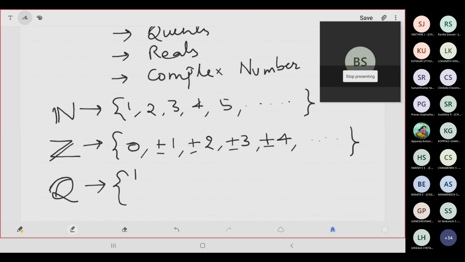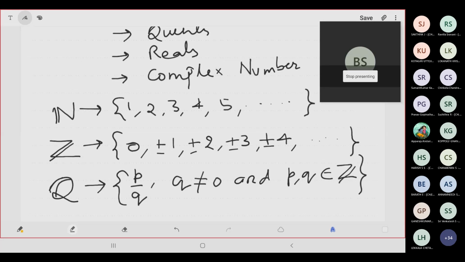Rational numbers are like that: p by q, where q is not equal to 0, and p and q are from the set of integers. So this is your representation for rational numbers: p by q, where p and q are from the set of integers, where q is not equal to 0.